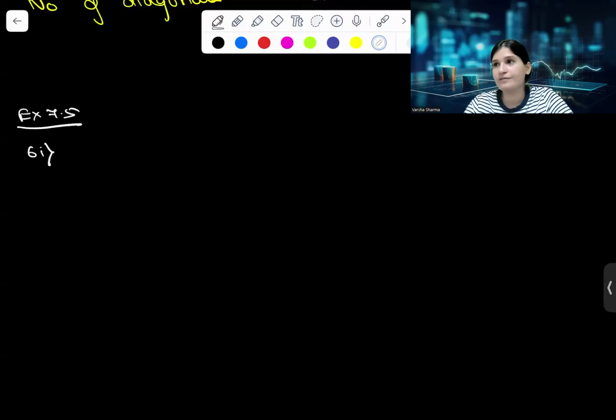Exercise 7.5, question 6.1. How many selections of 4 books can be made from 8 different books? From 8 books, we only need to select 4 books.